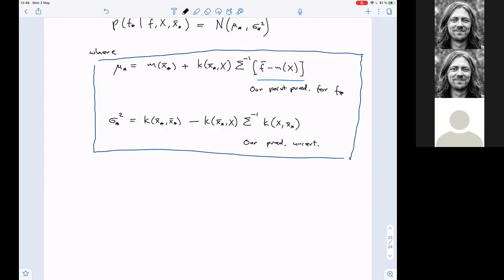So the more the training points are correlated with your test points, the more they bring down your uncertainty at the test point. That's my intuition, at least, for how this works.